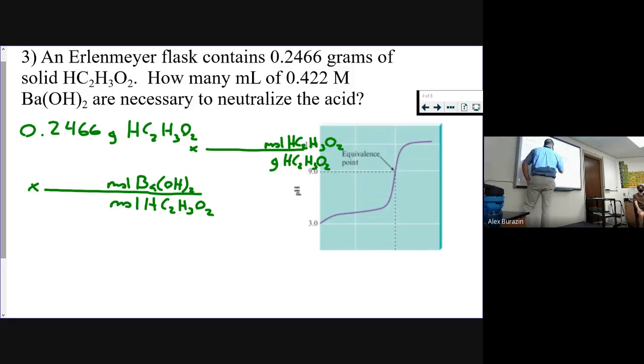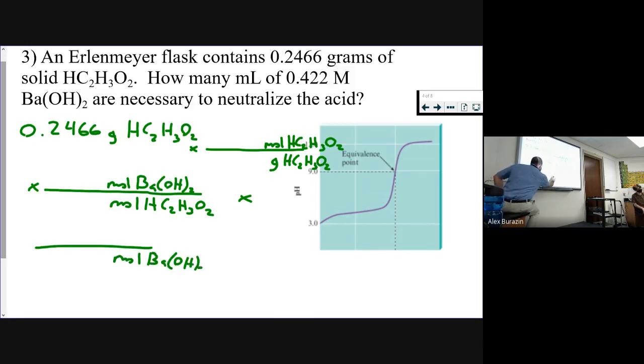I need one more step. It's getting kind of ugly. I'll just drop down again here. And I have moles of base. And I'm going to convert that to liters of base. Now I think I'm good. I wanted milliliters for my final answer. We'll convert the liters to milliliters in our head after the fact, right? Okay, what's the molar mass of acetic acid? What'd you get?